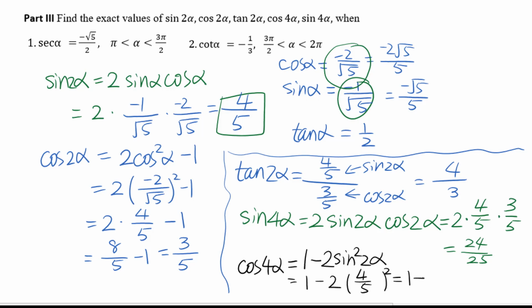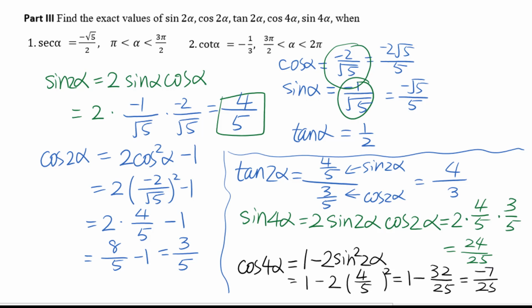Then equals 1 minus, this is a 16. 16 times 2 is 32. Here is a 25. You can change 1 into 25 over 25 so that you will get negative 7 over 25.